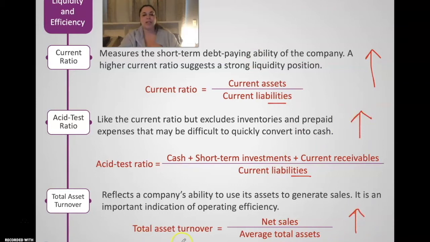So total asset turnover would be net sales, so your sales, divided by your average total assets. So we're doing an average here, so don't just look at what our total assets are. You're going to look at your total assets from this year and last year, add them together, and divide by 2. So it's really important when you see average here that you calculate the average from last year to this year.